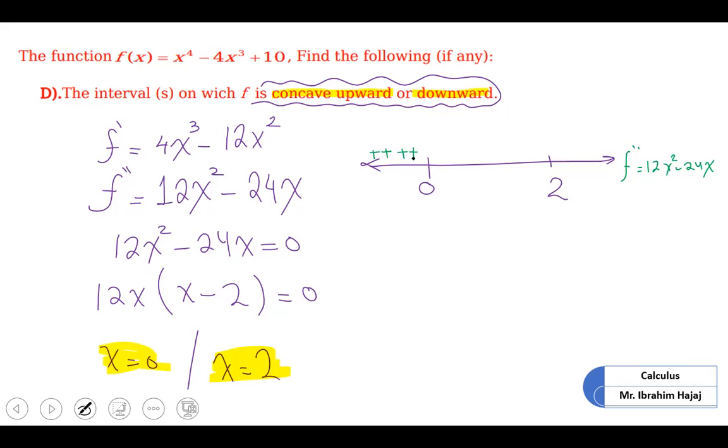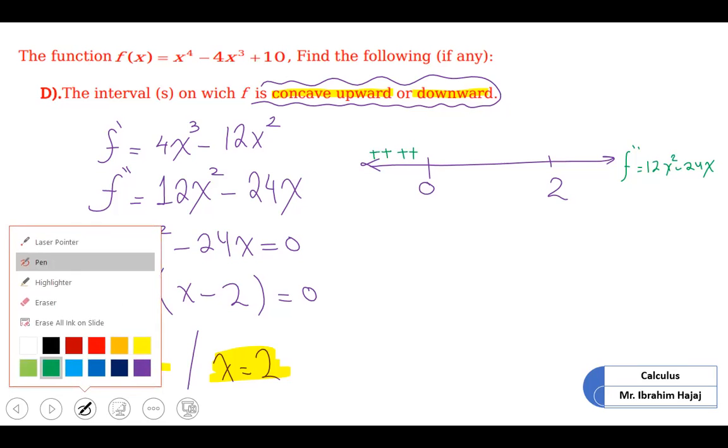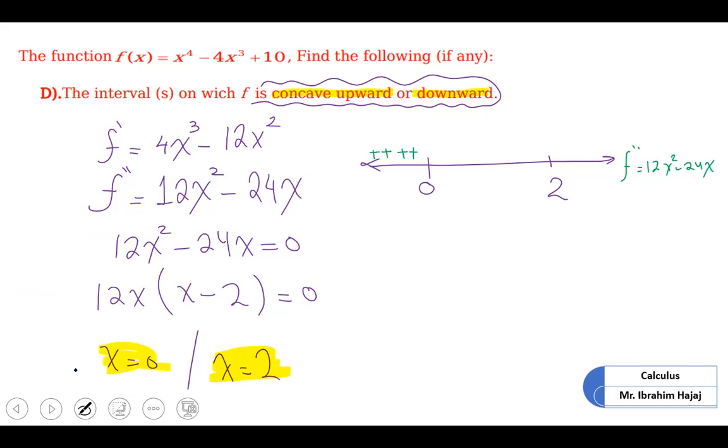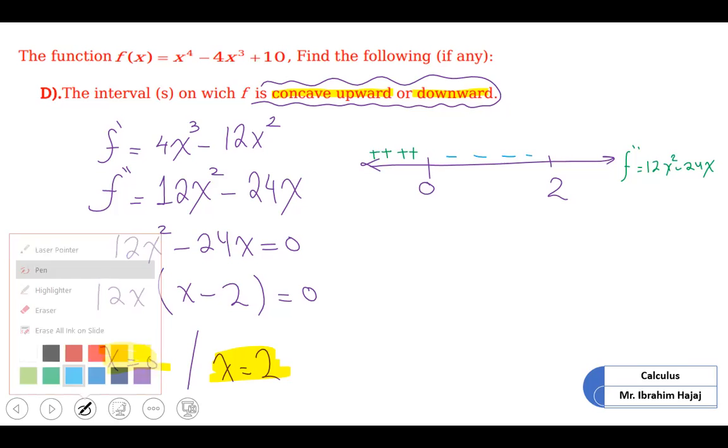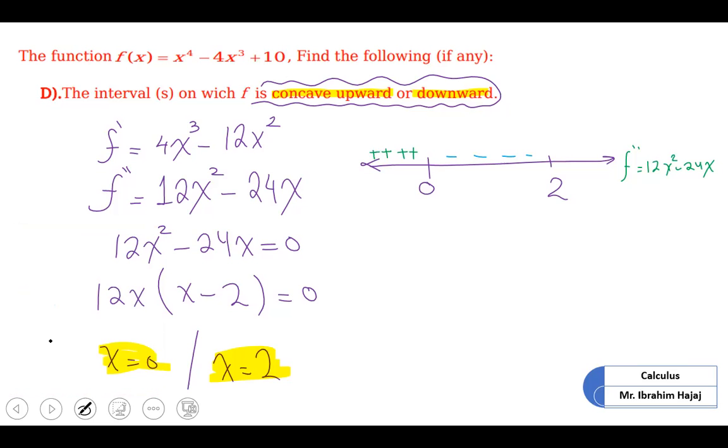Substituting any value between 0 and 2, like 1, we have 12 minus 24, which is negative. And substituting any value greater than 2, like 3: 3 squared is 9 times 12, 108, minus 24 times 3, which is 72. So still positive. So both of them are inflection numbers, 0 and 2.